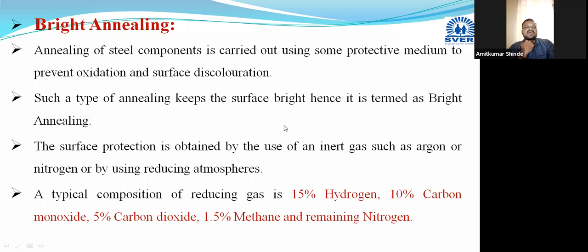The most commonly used reducing gas is a mixture of 15% hydrogen, 10% carbon monoxide, 5% carbon dioxide, 1.5% methane, and the remainder nitrogen. This is the most commonly used composition as a protective medium, and it protects the surface of the steel component from oxidation and discoloration. Hence, we get a bright surface, and this annealing is termed bright annealing.